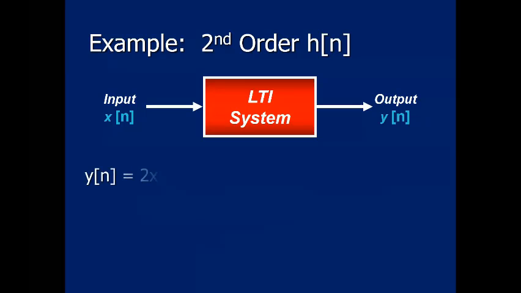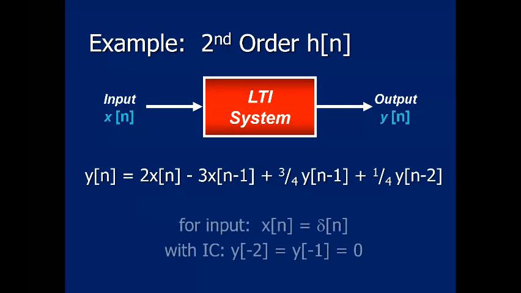If we had a second order system, let's see how that changes the process. Actually, the basic method is the same. We just have an additional initial condition to worry about. Here's a second order system. I recognize it's second order because I have a y of n minus 2 in here. Let's find out what the unit sample response of this system is.